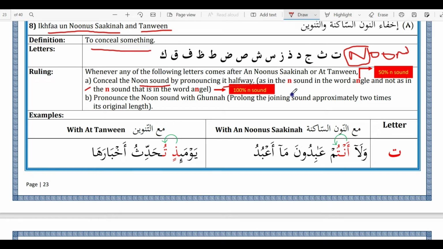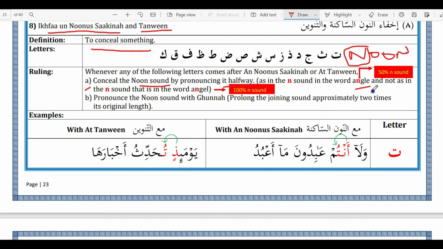Now, as in English, if we want to pronounce the N sound halfway, here is how it's going to go. As in the N sound in the word angle. Can we hear the N sound there halfway? We say angle, angle.